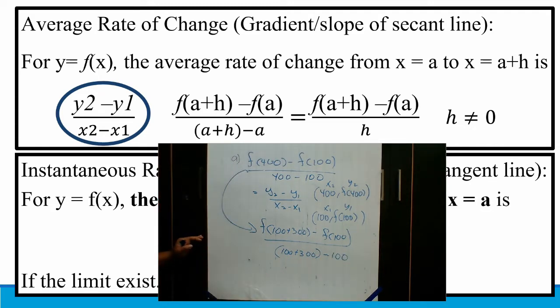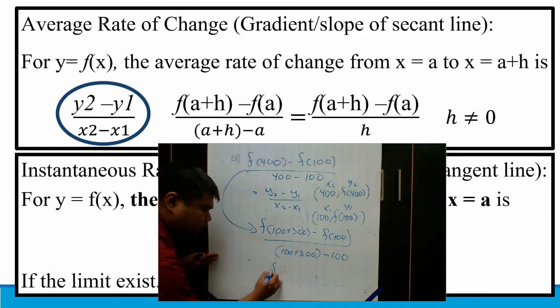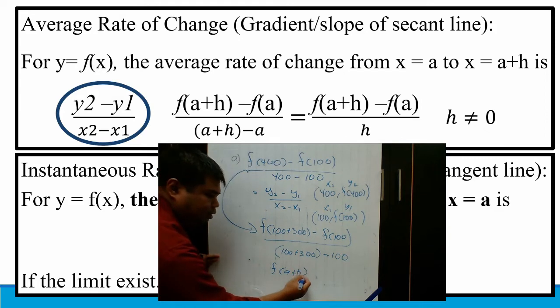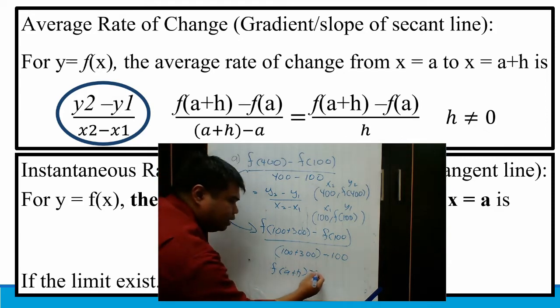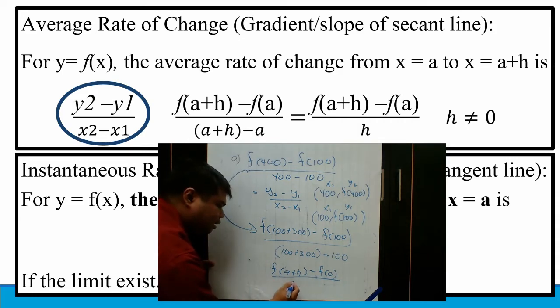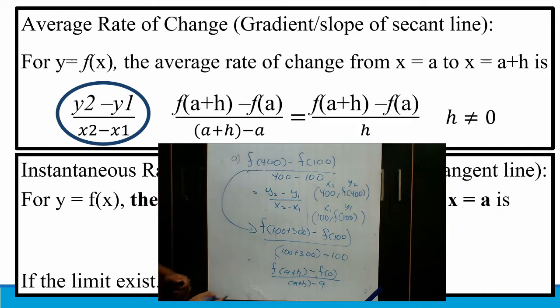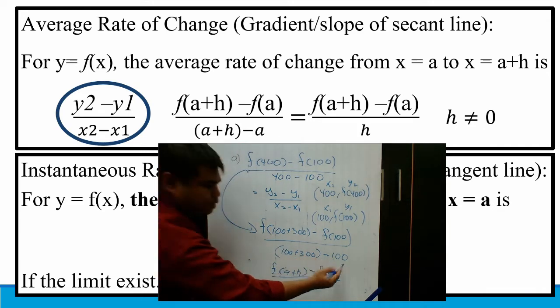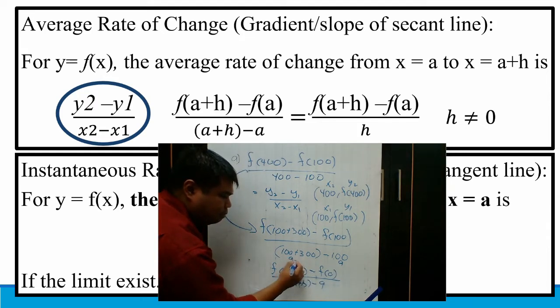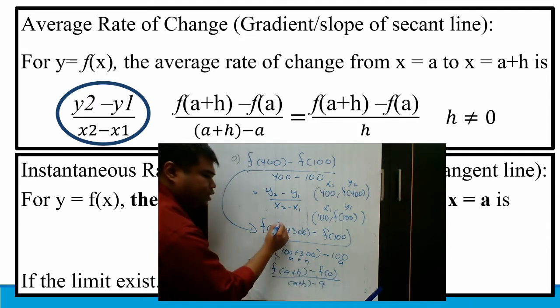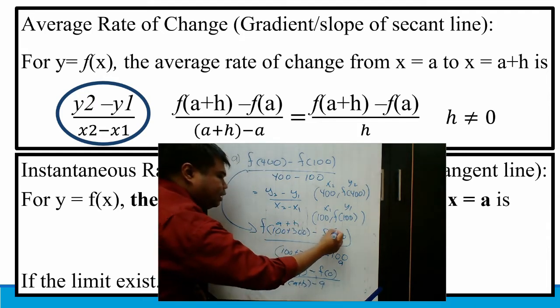If you translate this one, it's like f(a plus h), where h is 300, minus f(a), divided by a plus h minus a. Okay, a is 100. This is a plus h, and this is a.